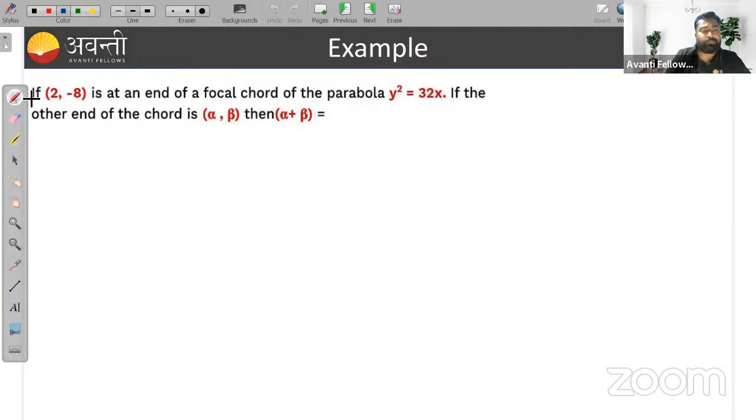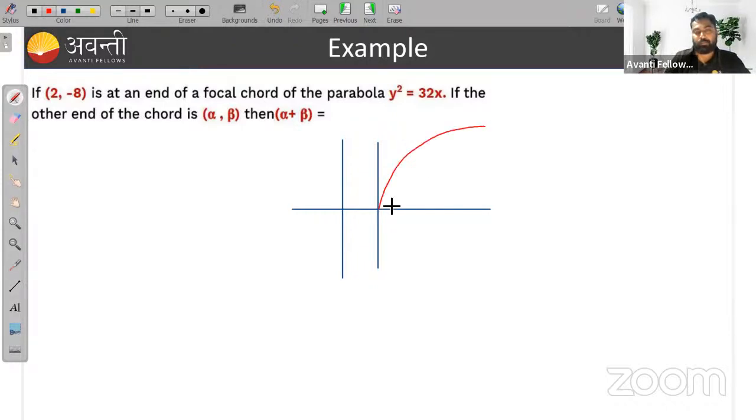Suppose this is my directrix, and this is my parabola. This is the chord passing through the focus, then this point will be S, whose coordinates are a, 0.